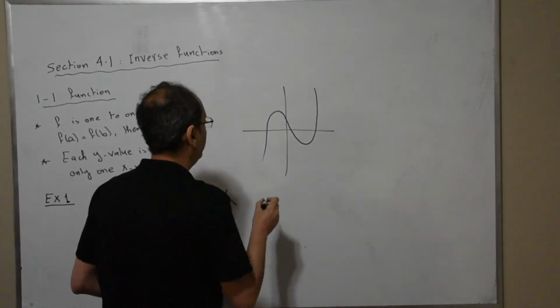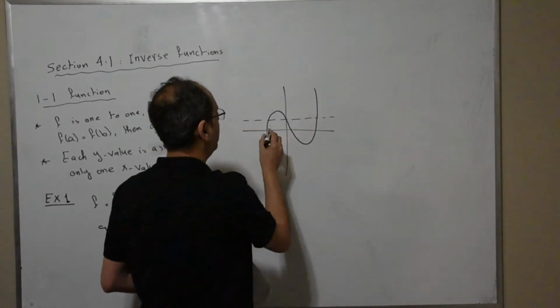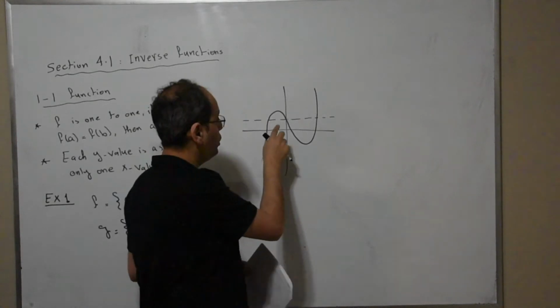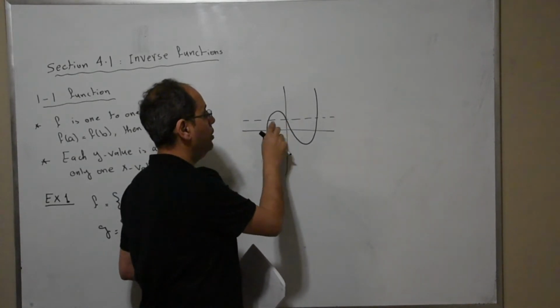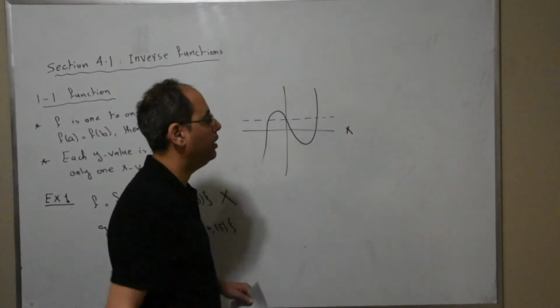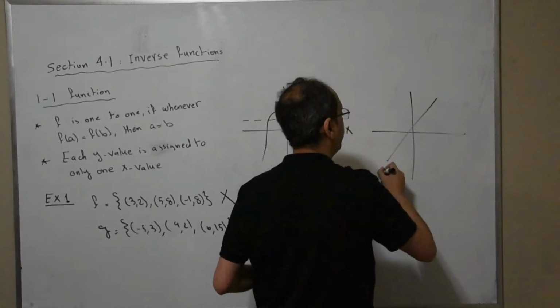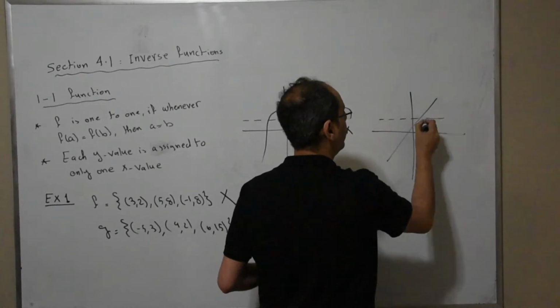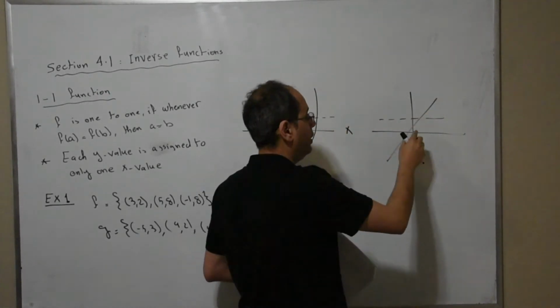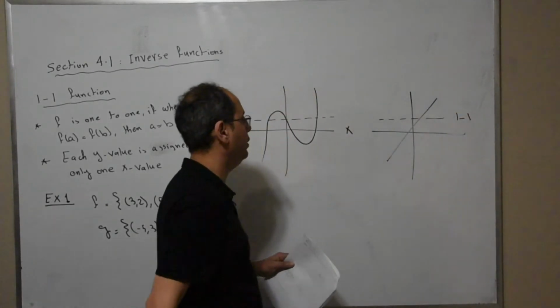Is it one-to-one? Let's get a horizontal line here. This horizontal line intersects the function in 1, 2, 3 points. Therefore, this is not a one-to-one function. Let's get another one, and we went through that before. Horizontal line, it intersects the function in one point, so this is one-to-one.